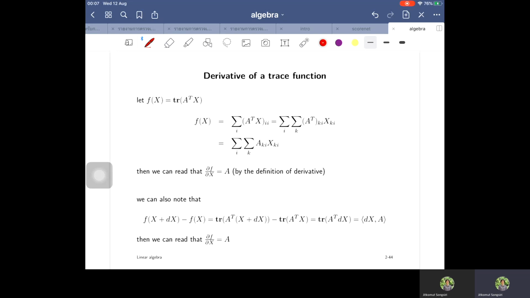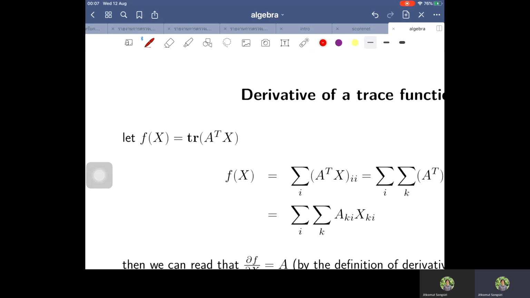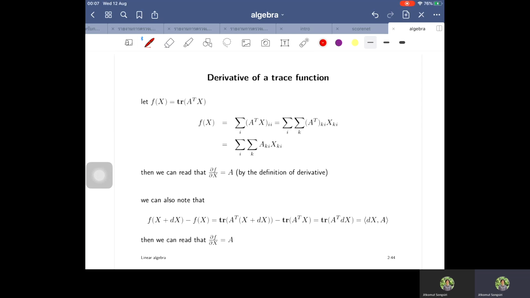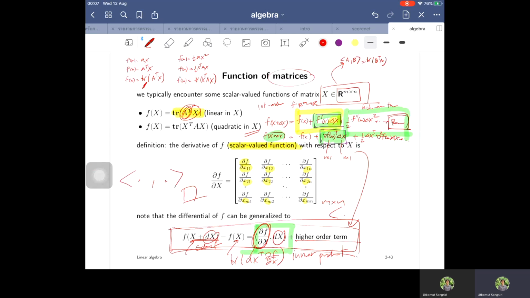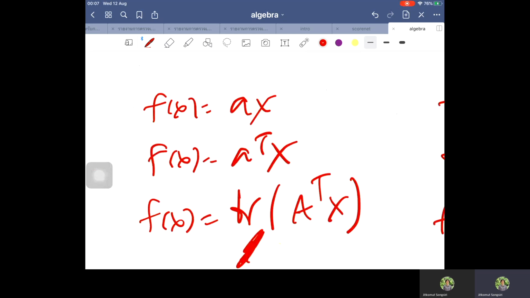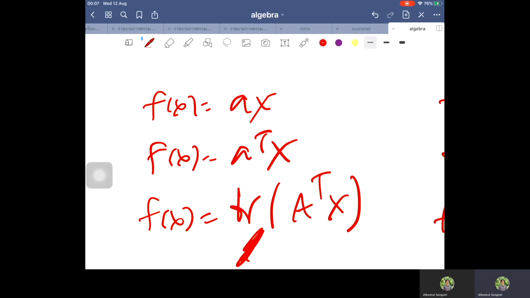Now, let's see a simple example: a linear function in x. Of course, we have seen functions of a vector and of a scalar before. We know that for a scalar, if it's linear in x, the first derivative is going to be simply a.